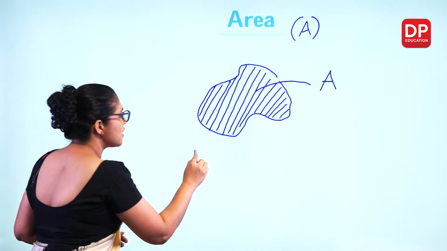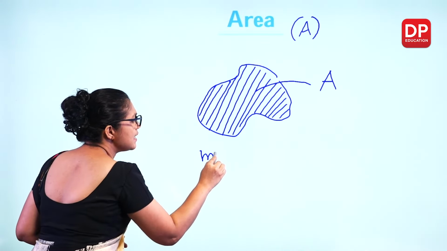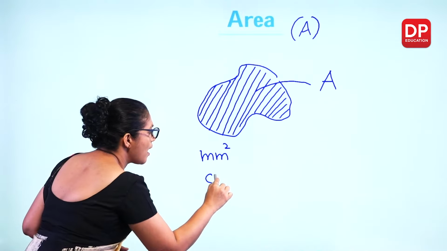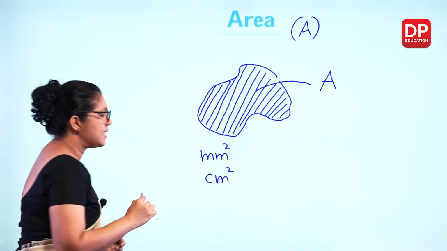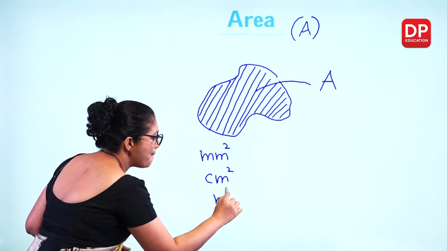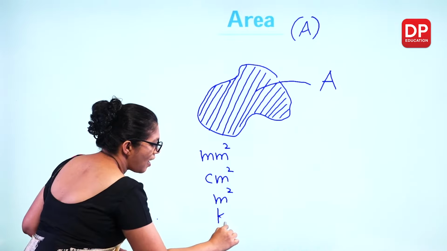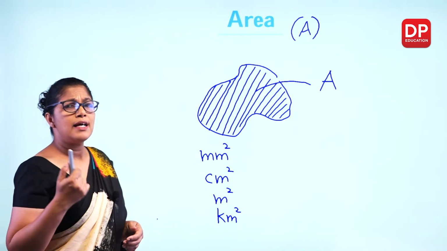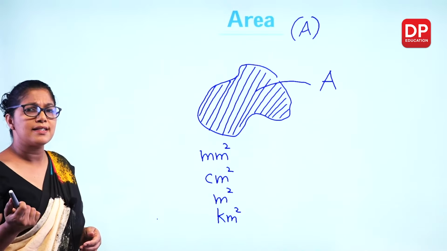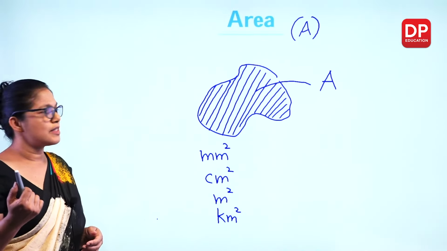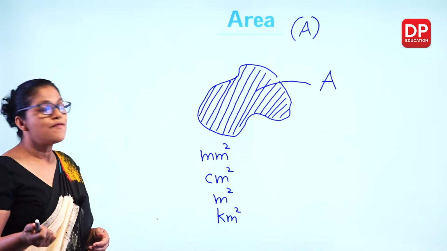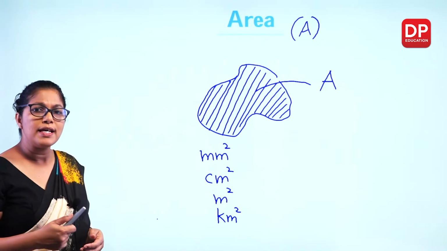We can use millimeter squared or square millimeters, square centimeters, square meters, square kilometers. Sometimes we use hectares, acres. Those are imperial units. But you need to know these units to convert and find out the area.